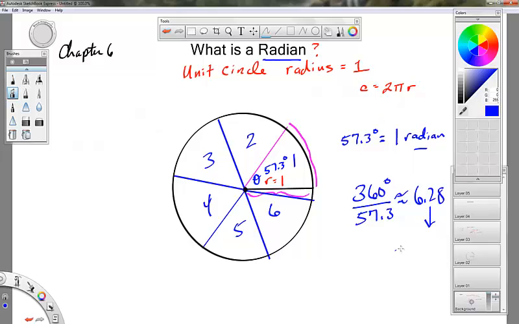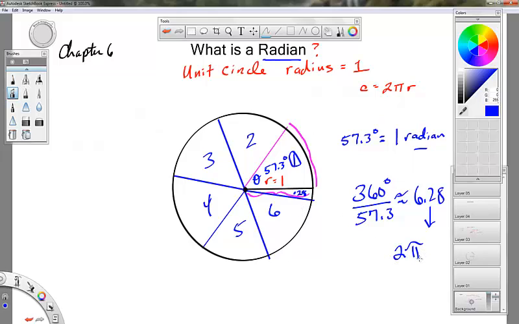That's actually 2 times pi, which pi is 3.14. 2 times 3.14 is 6.28. If you look at it, 1, 2, 3, 4, 5, 6 slices plus this little itty bitty piece here, that is 0.28 of another piece. That's where the 6.28 comes from.